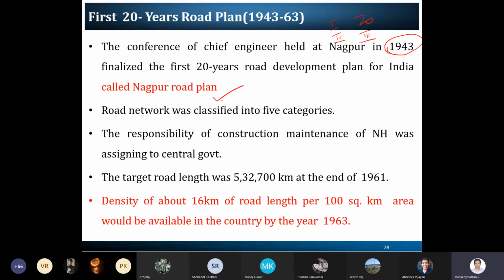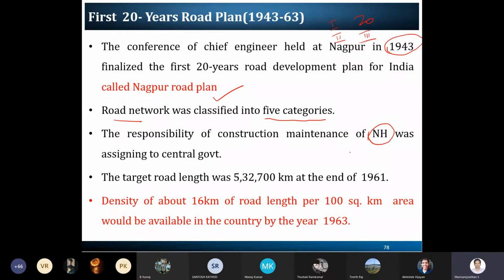In that project, the roads are classified into 5 different categories: village road, district road, then the highways, that might be state highways and national highways, then the other district road. So 5 classifications were given with respect to the road network, and the responsibility of the central government is the development and maintenance of the national highway.